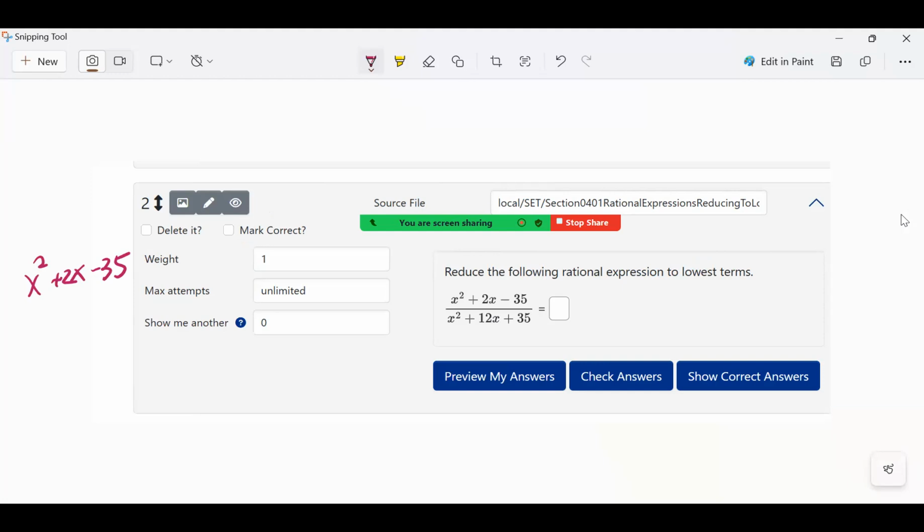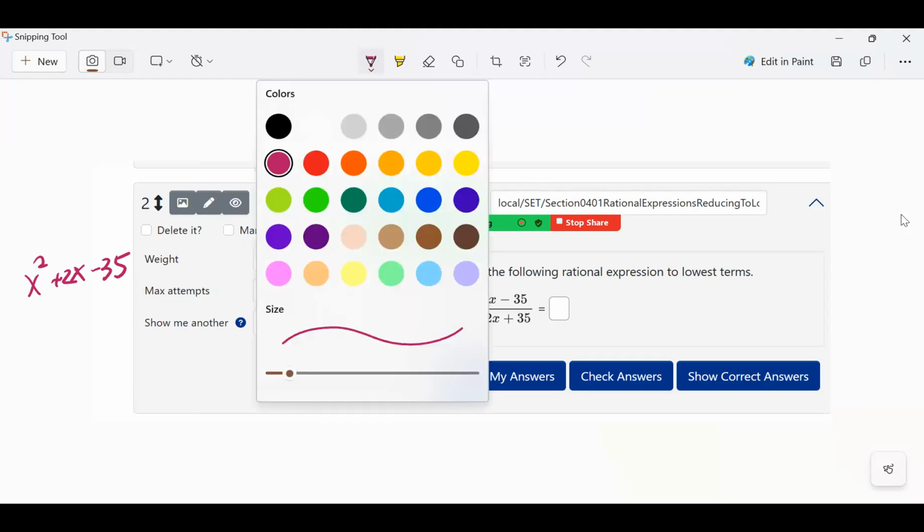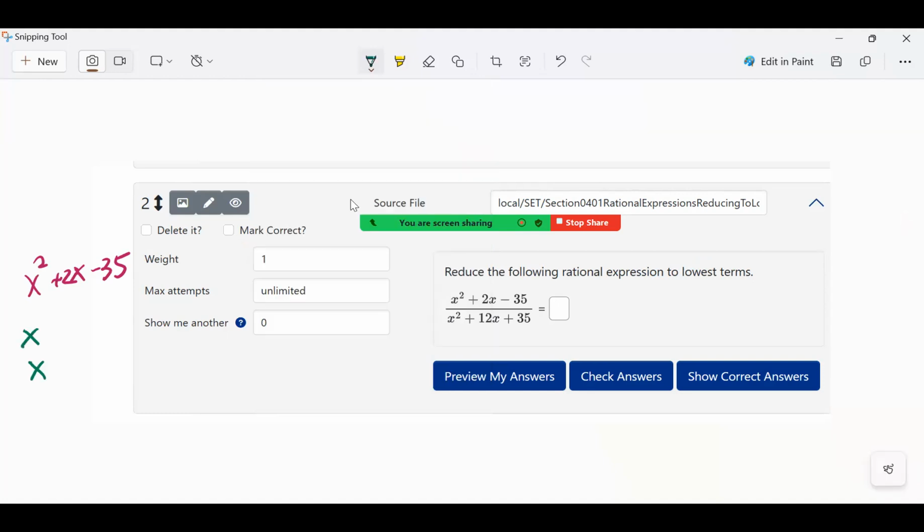The method is breaking down the first term, x squared. The only way to break it down evenly is x and x, and I draw the cross multiplication sign in the middle.